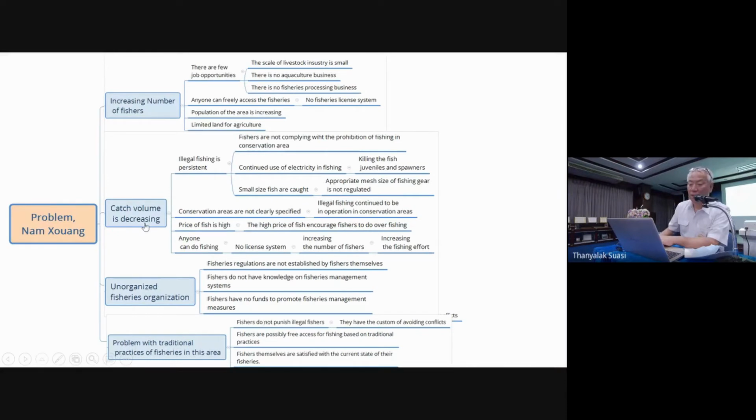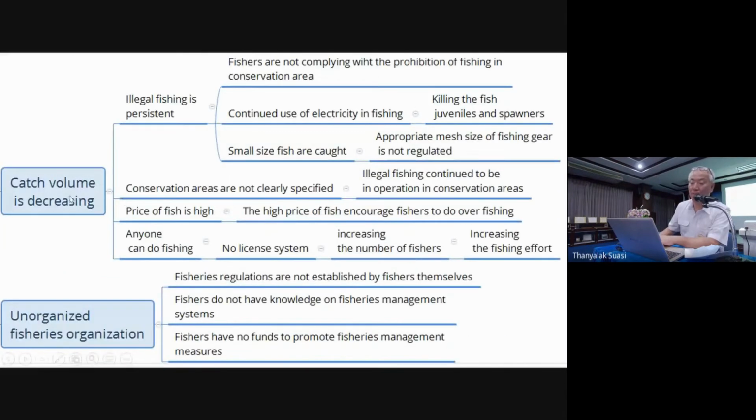Second issue, the catch volume is decreasing. Why? Illegal fishing persists, and fishers do not comply with rules, conservation areas are prohibited, and they continue to use electric fishing.